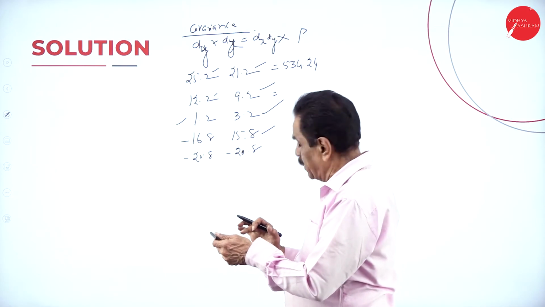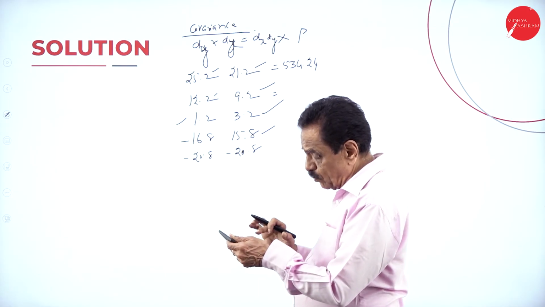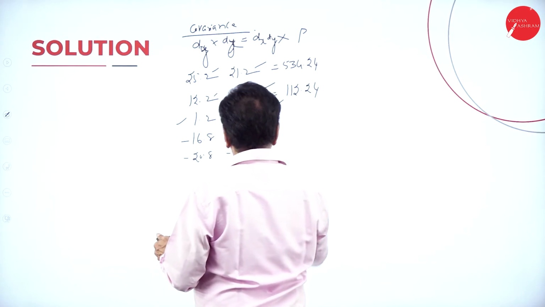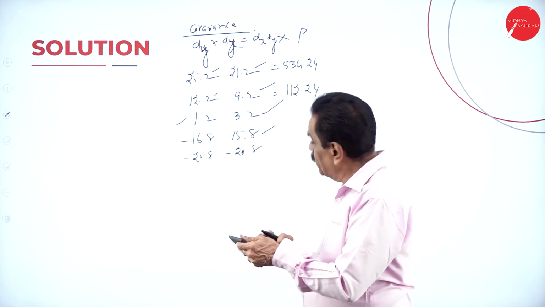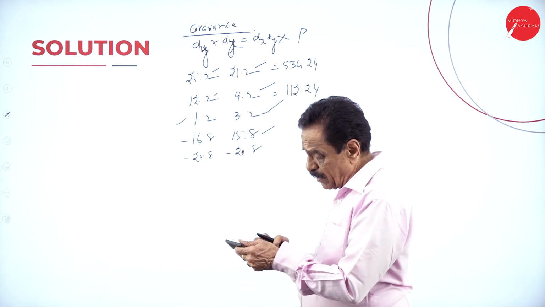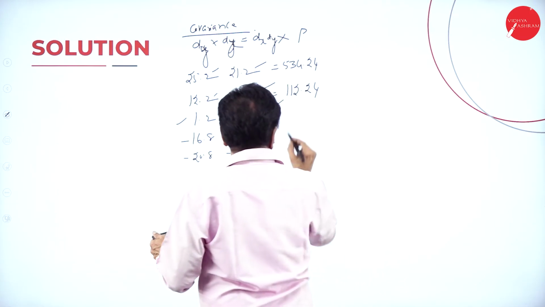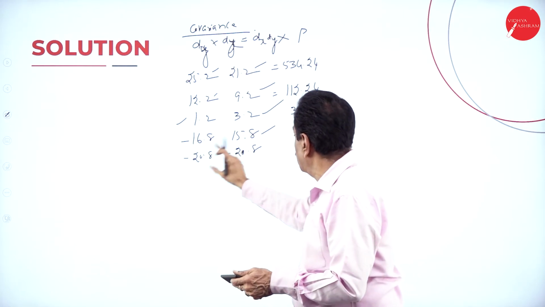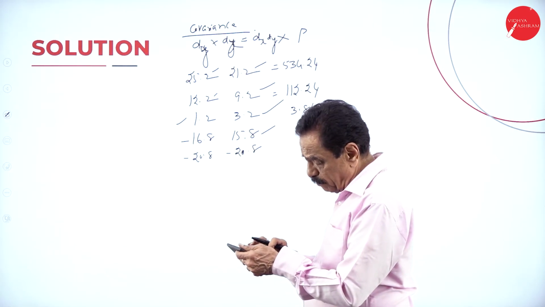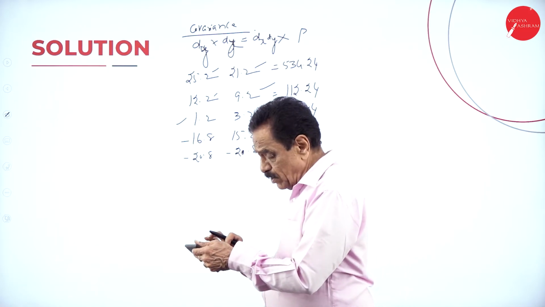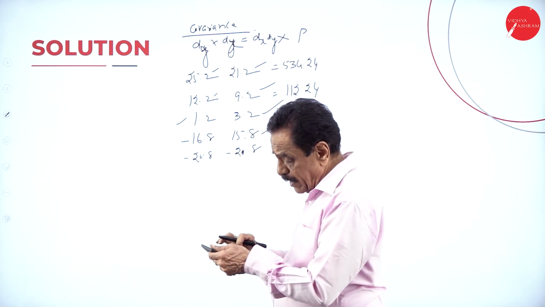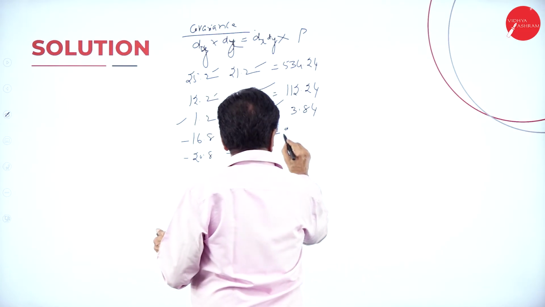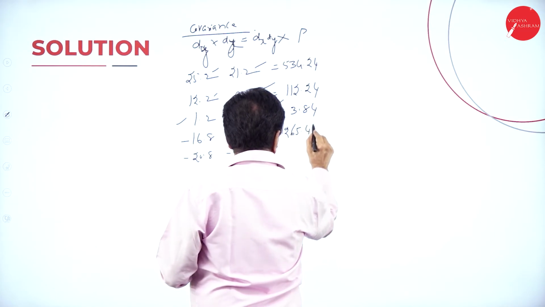12.2 into 9.2, 112.24. 1.2 into 3.2, 3.84. Minus into minus is plus: 16.8 into 15.8, 265.44.